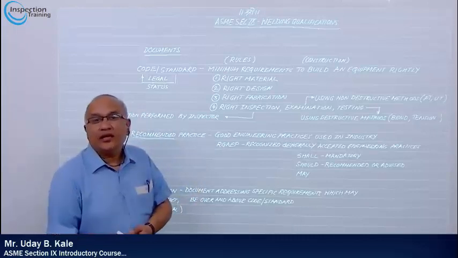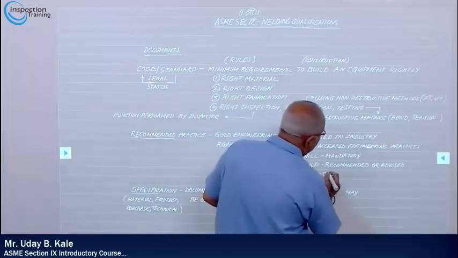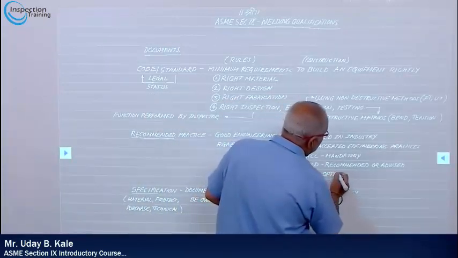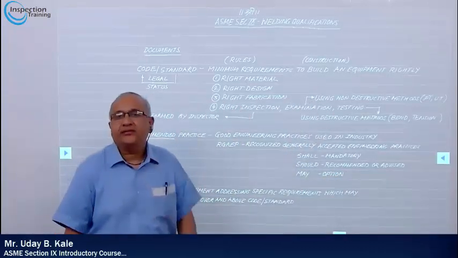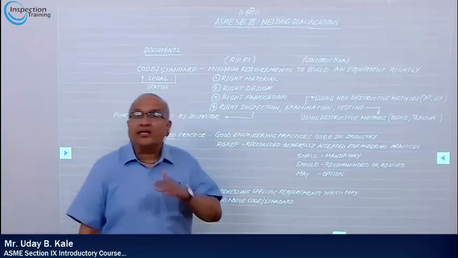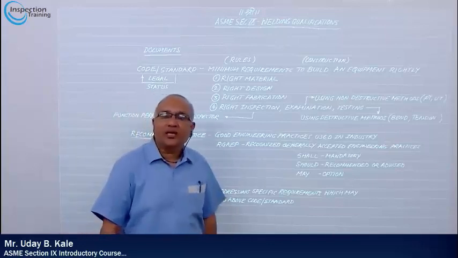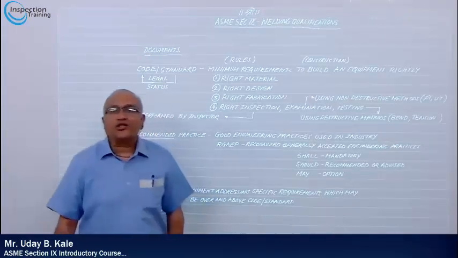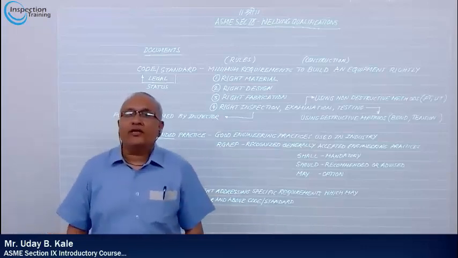May is something which is an option given to shall, because shall is mandatory. Sometimes you may give an alternative to shall. For example, ultrasonic examination may be used in lieu of radiography.